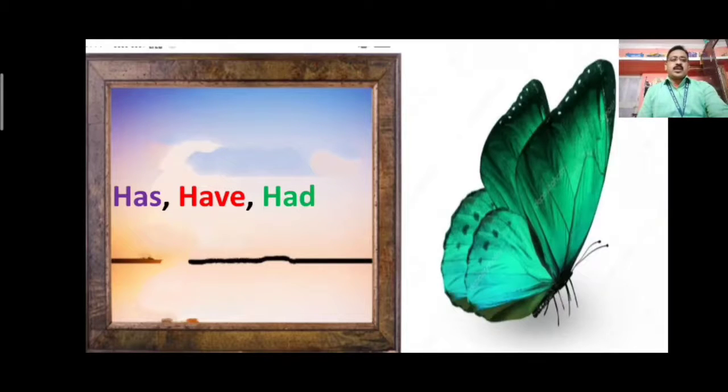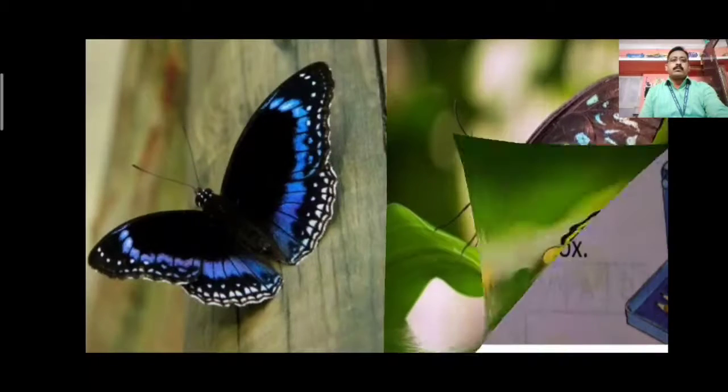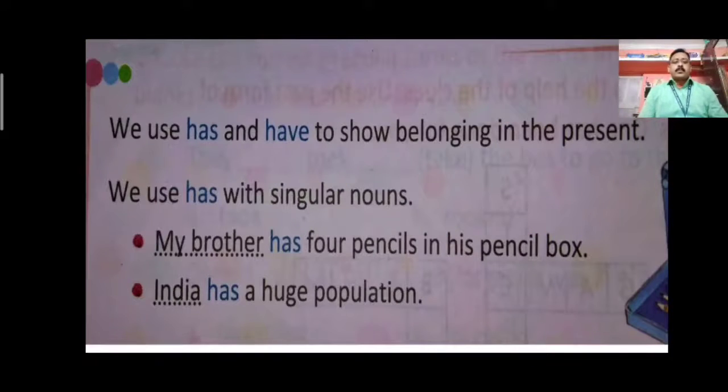So let's see how to use these verbs. Okay, let's start the lesson.